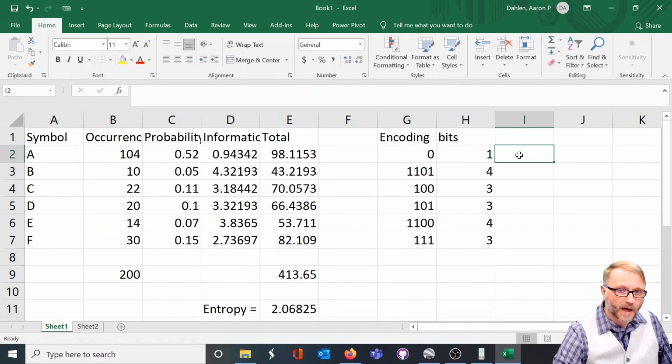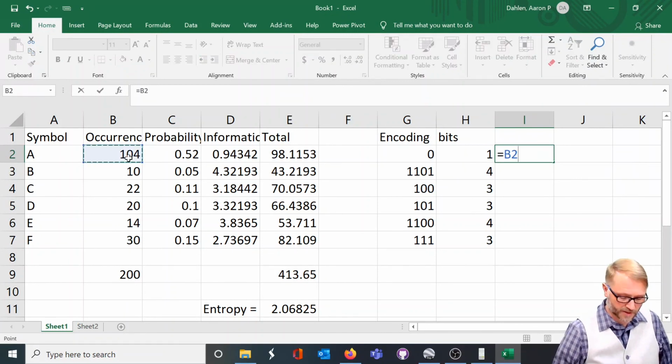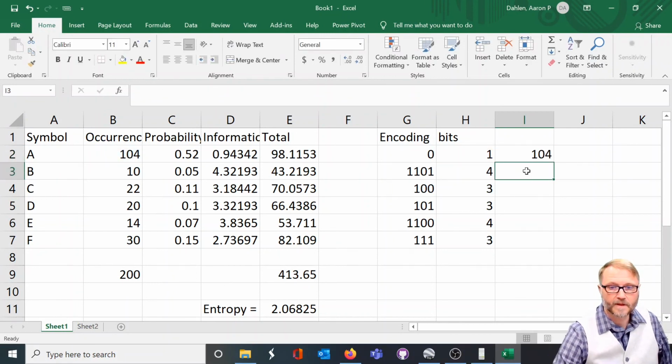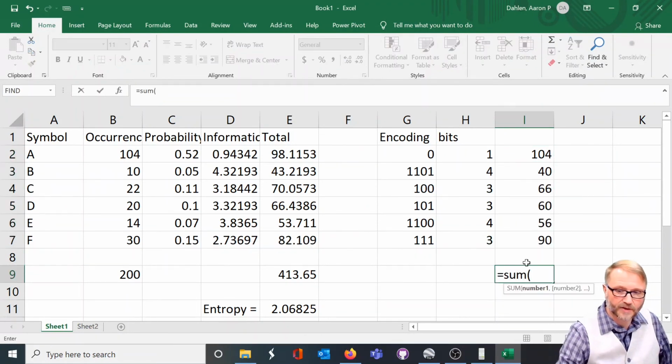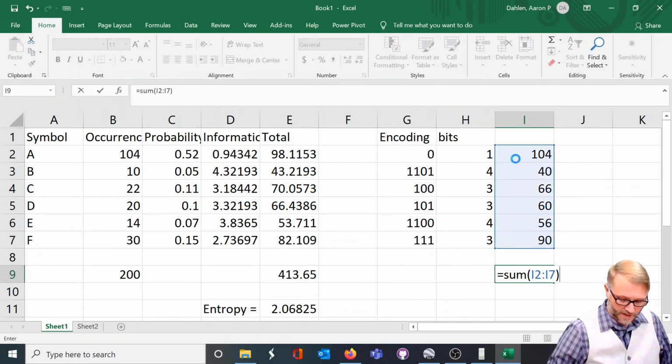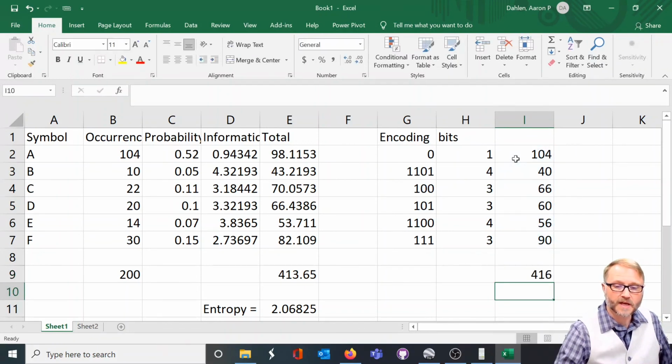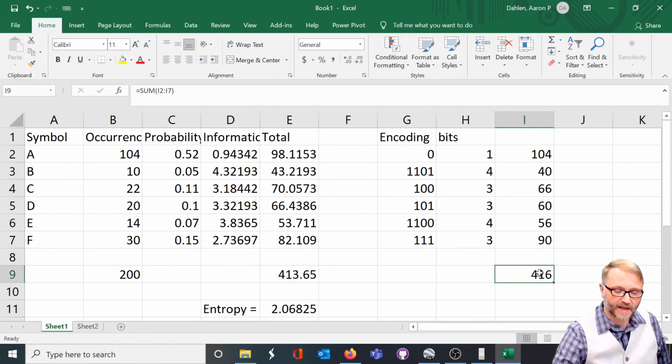Now, how many bits were used? If we multiply the occurrence by the number of bits, we can see that we had to ask 104 questions to determine our A's. If we copy this down, we add all of these up with Huffman encoding, this is how many questions we had to ask.